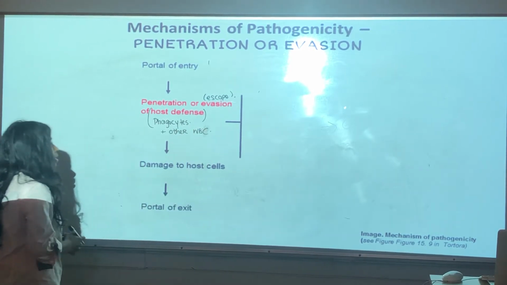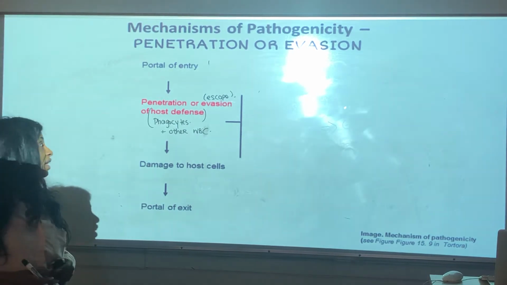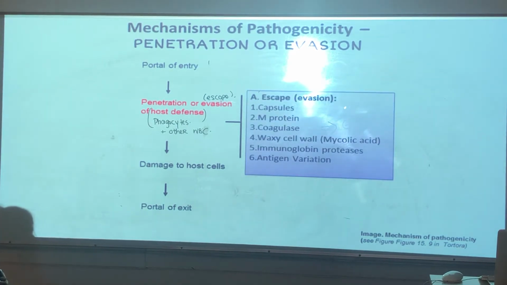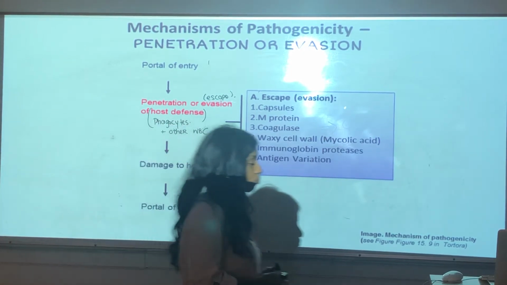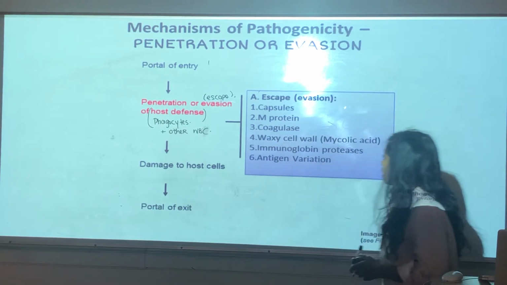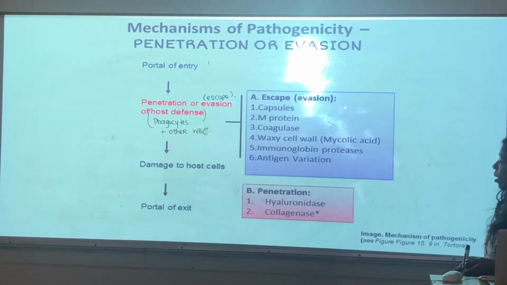There are a number of mechanisms that the foreign invader can use, and mostly for escape, these are some of the mechanisms they use to escape phagocytes. And then for penetration, hyaluronidase, and collagenase. I put a star next to collagenase because it can also be used as an escape mechanism.